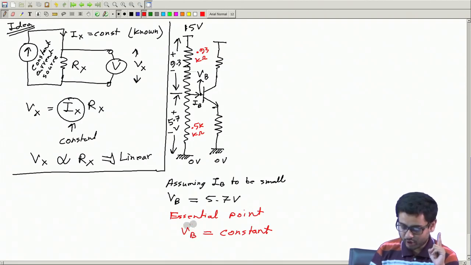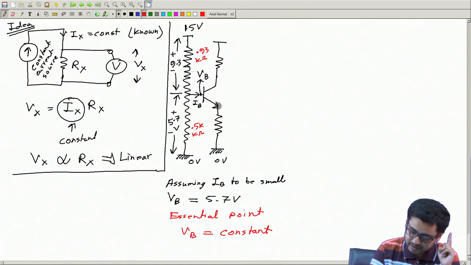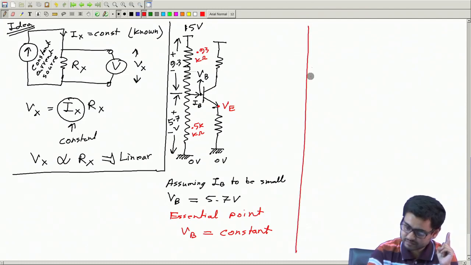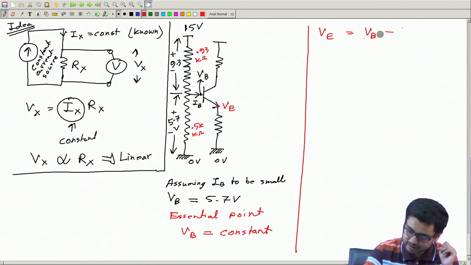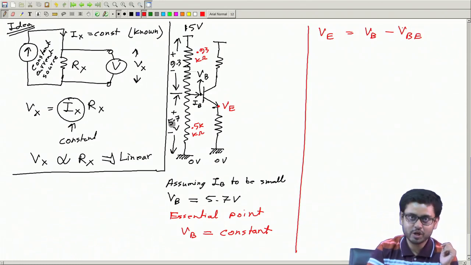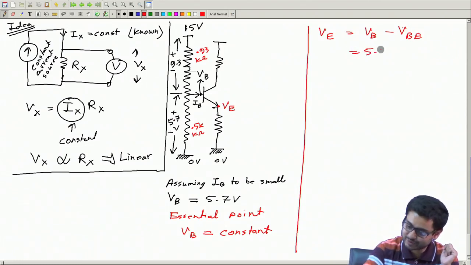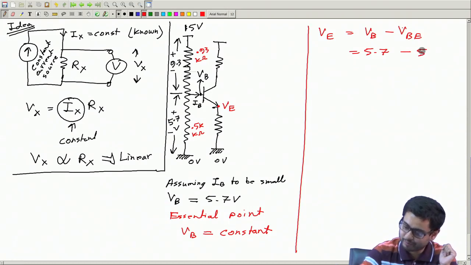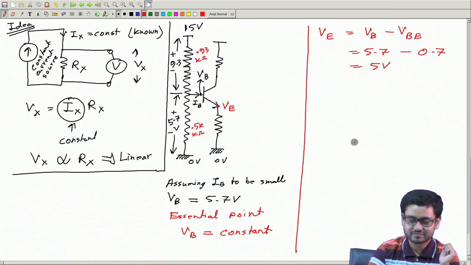Now, if I have a constant voltage, then how much will be this voltage? Call this VE. VE will be VB minus the drop VBE, which is normally 0.7 volt. That is why I have taken it 5.7, so that this becomes 5.7 minus 0.7, so that this is 5 volt. And this is again constant.